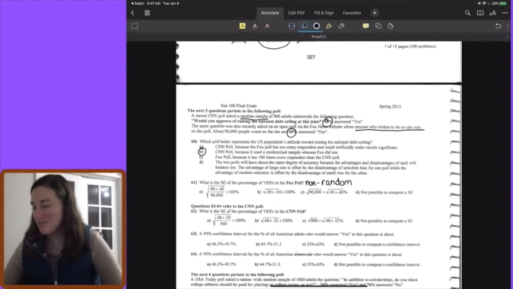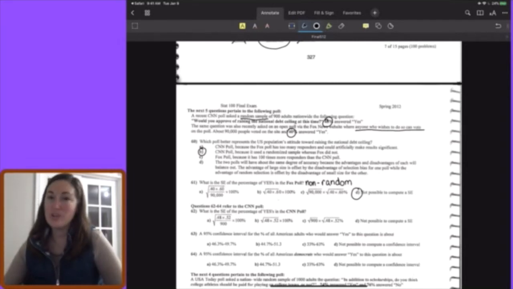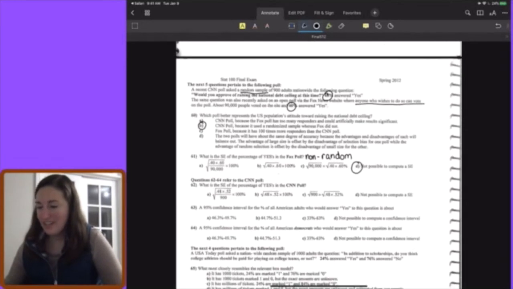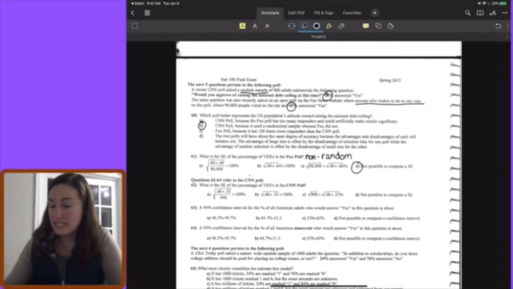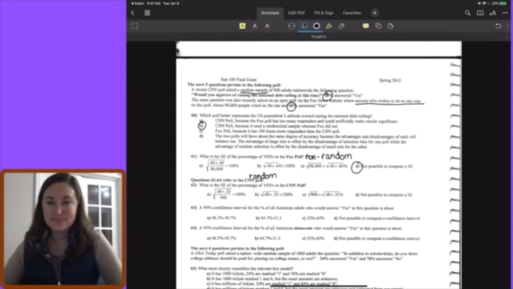So I am going to say, let's just go with D because this one wasn't random. And if I calculated a standard error, it would be biased. And then it says the next questions refer to the CNN poll, which was random. So this one we can calculate a standard error.